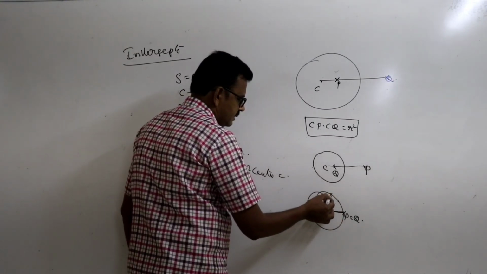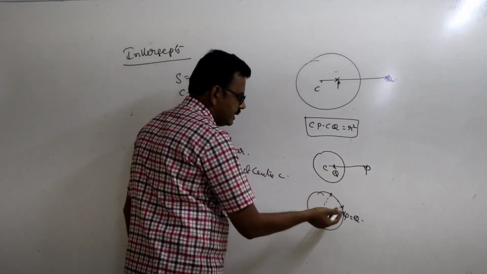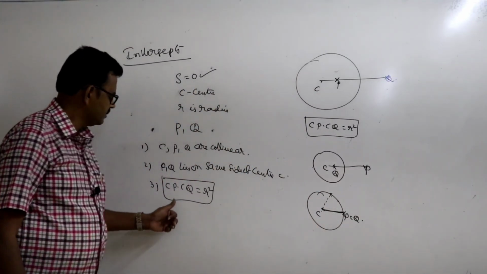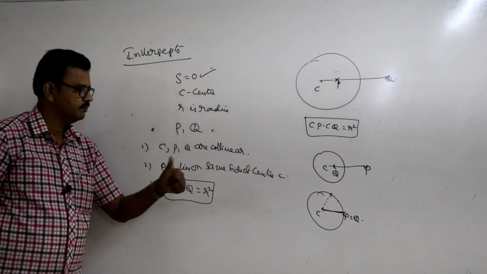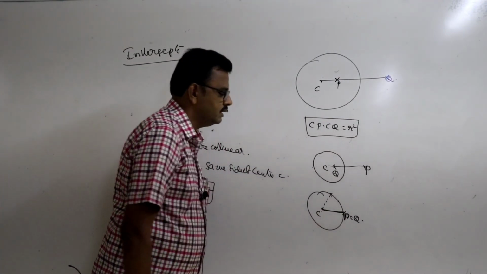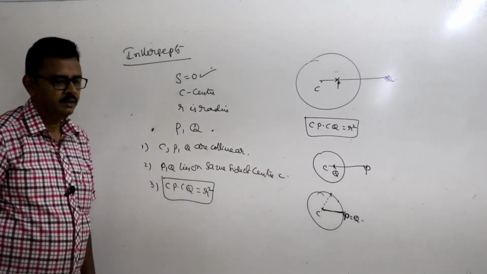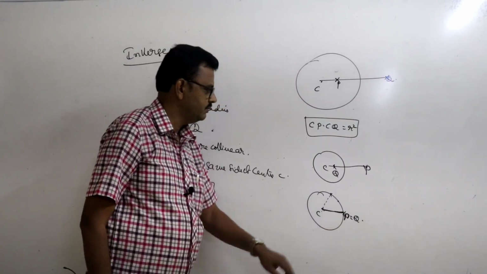Suppose the point is here, then this is also a radius. Therefore, CP into CQ is equal to r square, but they are not collinear. Therefore, any point on the circle is the inverse of itself.